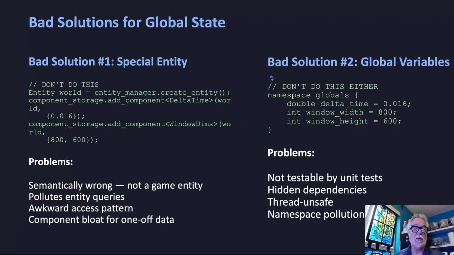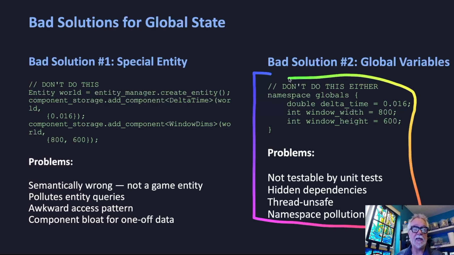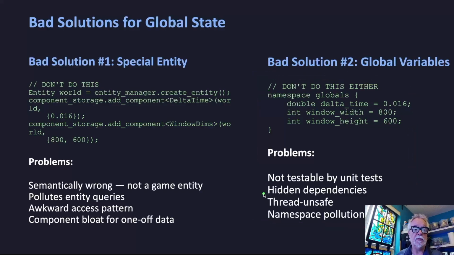The other one that you don't want to do is have this set of global variables, because we can't unit test them. There's all sorts of hidden dependencies, and we have a namespace pollution. And so again, it's thread unsafe. That's not going to be an issue in this course, since everything we're running is single-threaded, but in the future, that would be good.